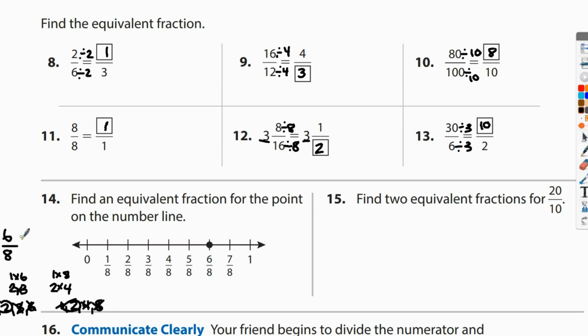So you know what? It's even easier. I'm just going to go ahead and divide by 2. 6 divided by 2 is 3. Over. 8 divided by 2 is 4. That means an equivalent fraction would be 3 over 4.